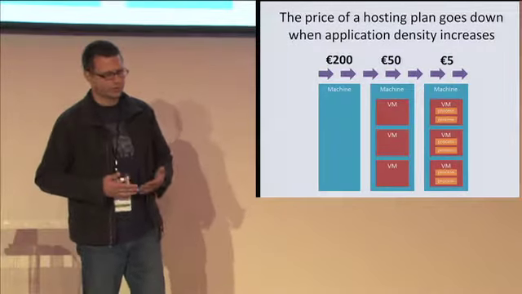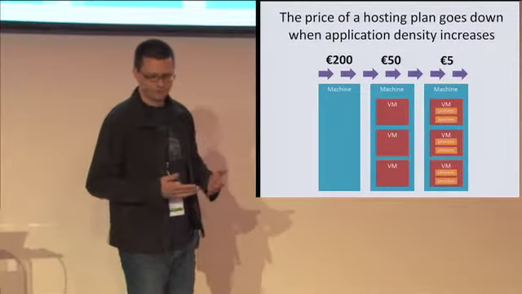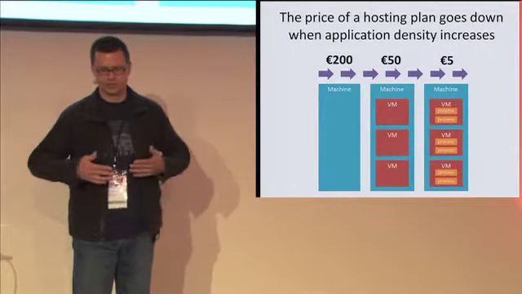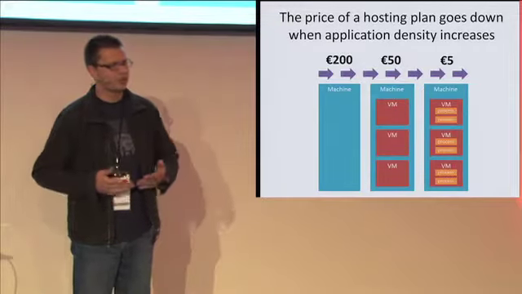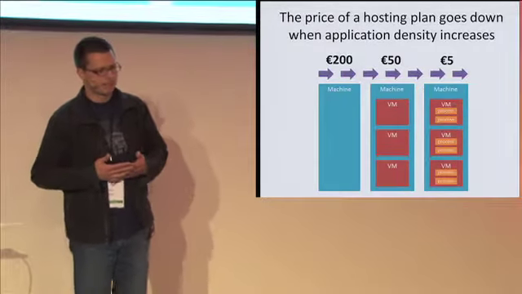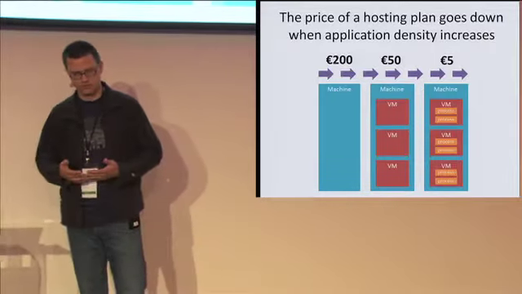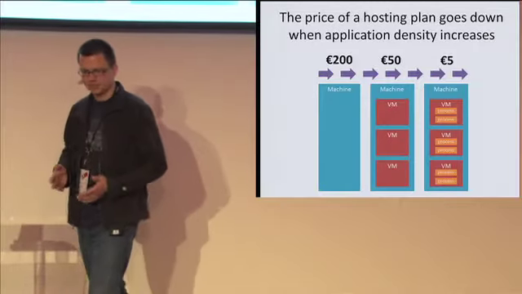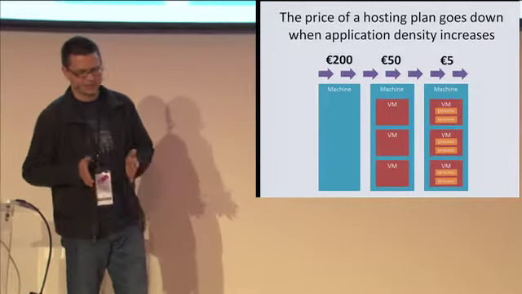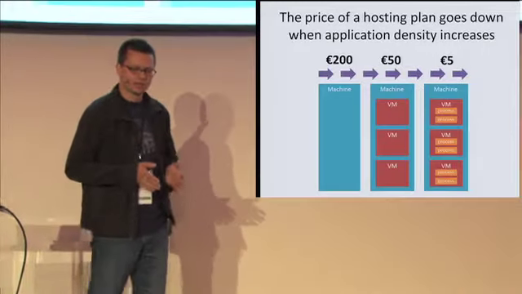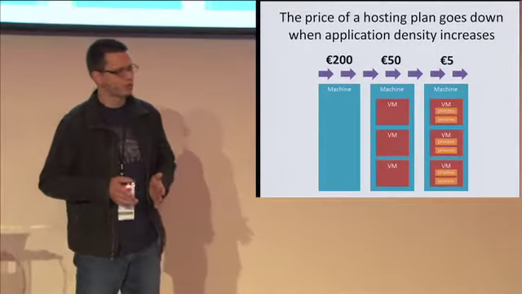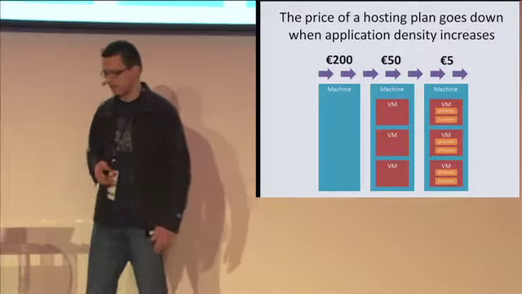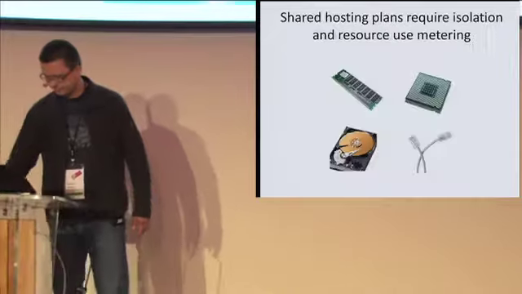Most modern operating systems offer user-level isolation, where you can control and meter access to resources at the level of a process that is running within the credentials of a particular user registered with that system. And this is perhaps the densest you can get in terms of application density in most shared hosting plans today. So this is what you're paying the €5 for on a monthly basis.